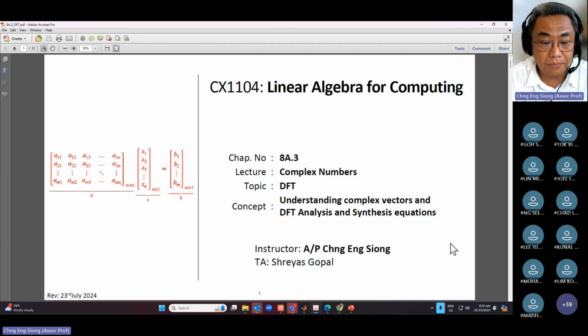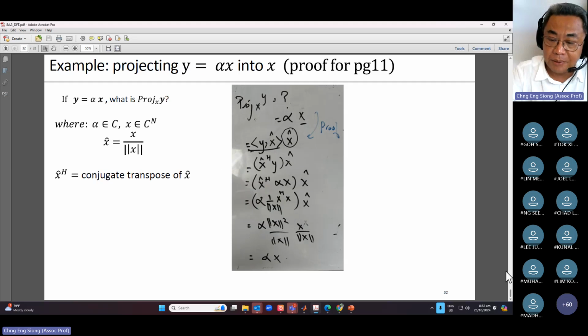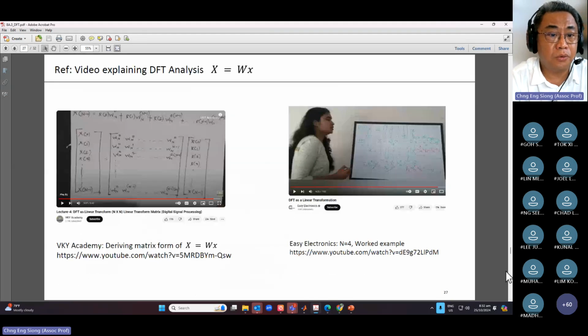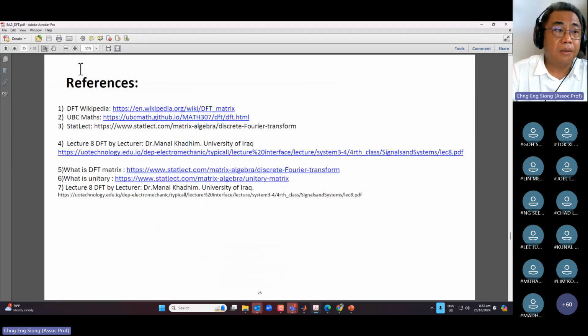There's a lot to learn, but all the slides are here. And if you need references and examples, you can go to page 25 of 8A.3, and then you can see how other universities have taught DFT, or some of the universities.